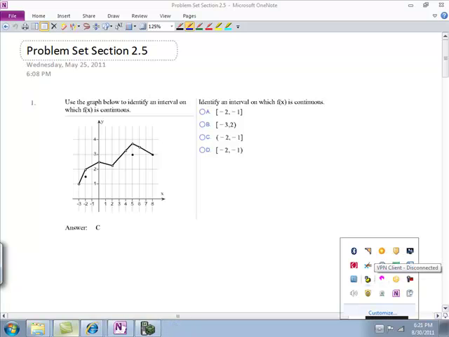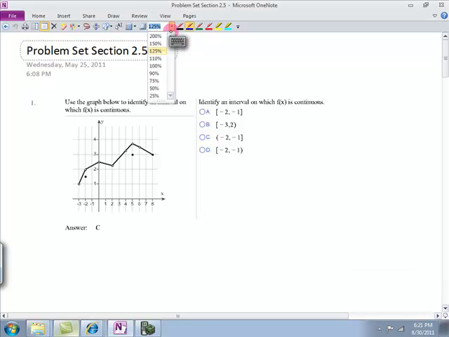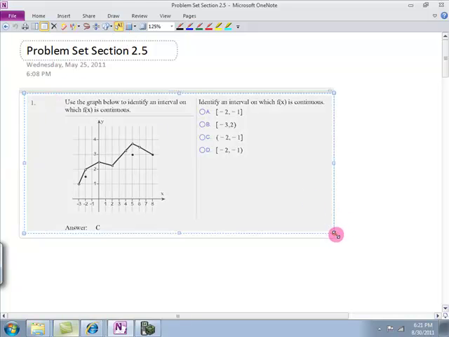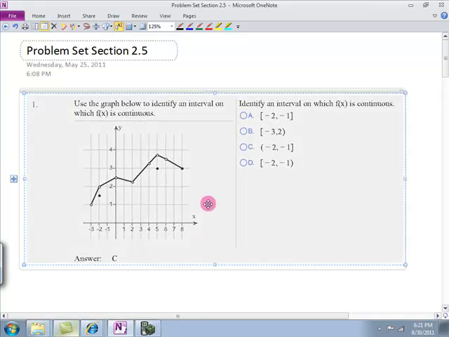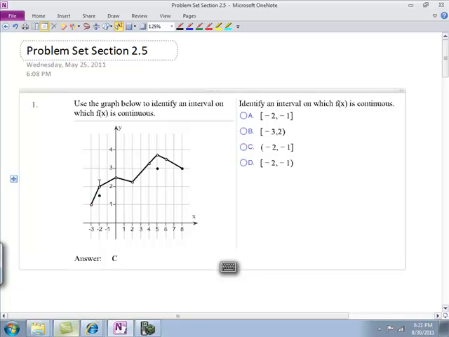All right. Use the graph to identify an interval on which it's continuous. Okay, we've got some places where we have open circles and closed circles.